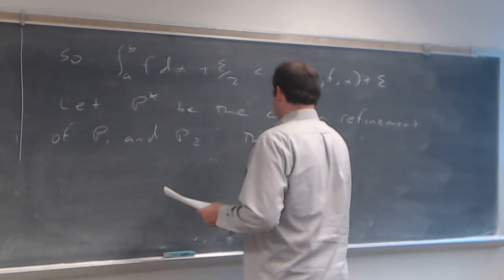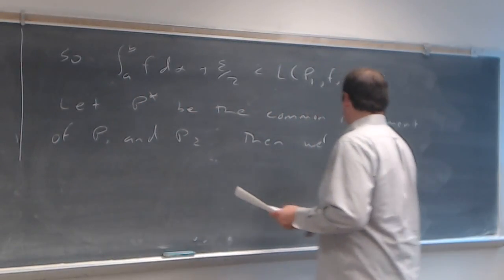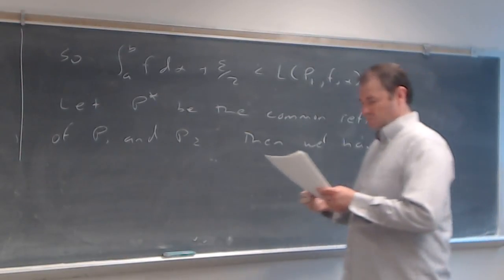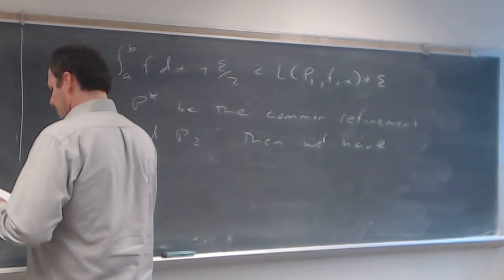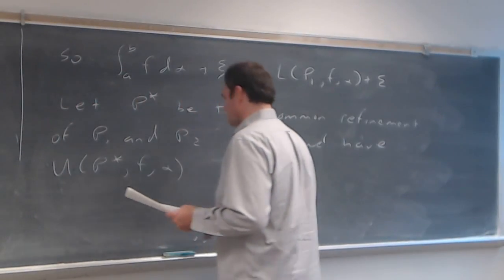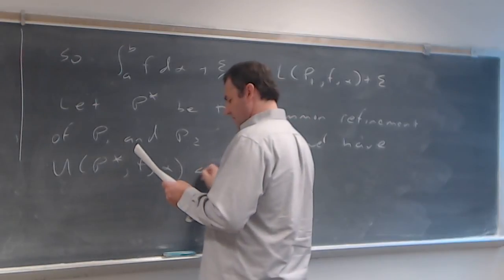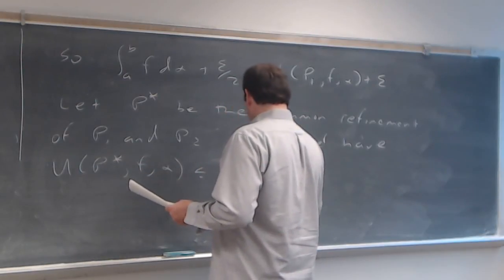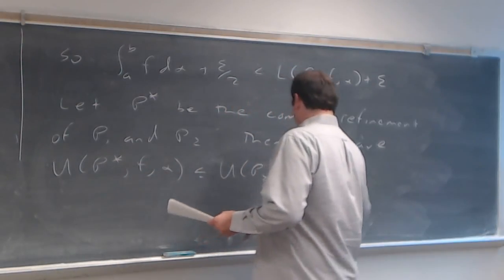Then we have that the upper sum with the common refinement, F and alpha, is less than or equal to the upper sum with P2, F and alpha.